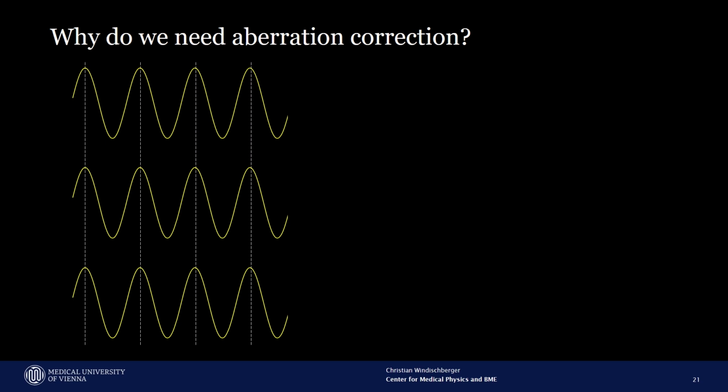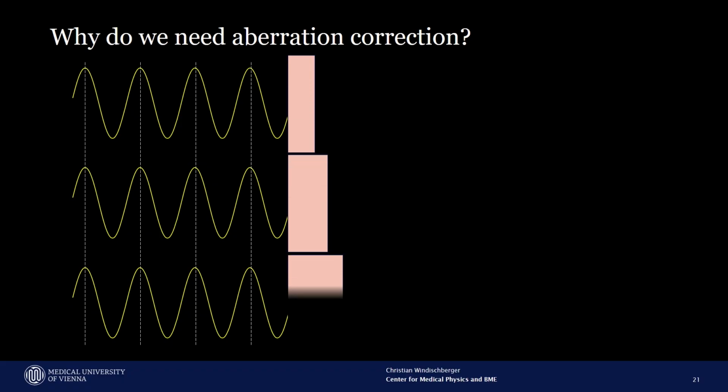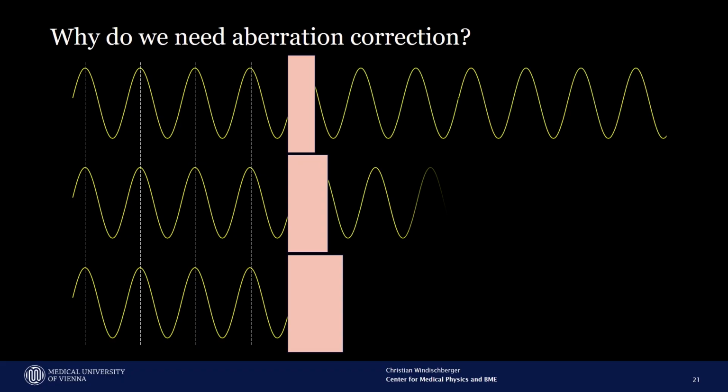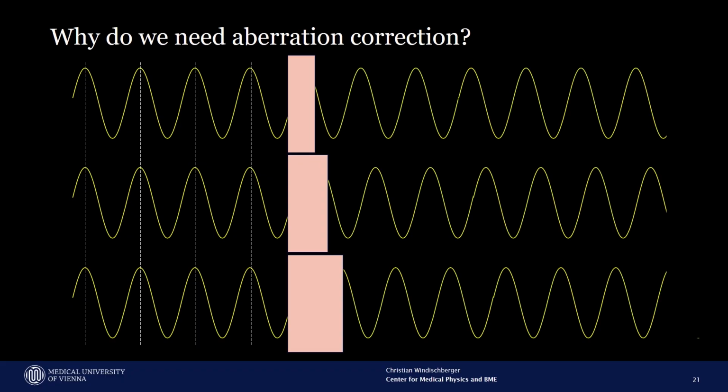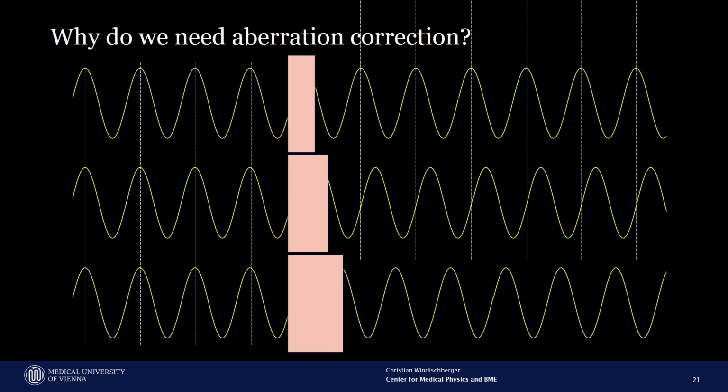In phase means that the maxima and the minima of the 3 different waves are in the same position. If this is the skull, with different thicknesses, that will cause a shift in the phase. So the 3 ultrasonic waves that were in phase before will now no longer be in phase.